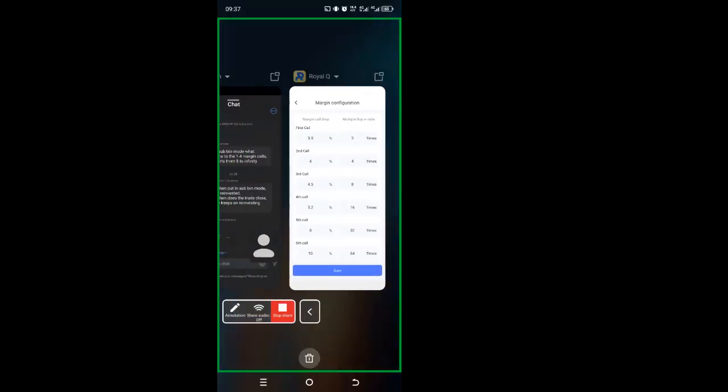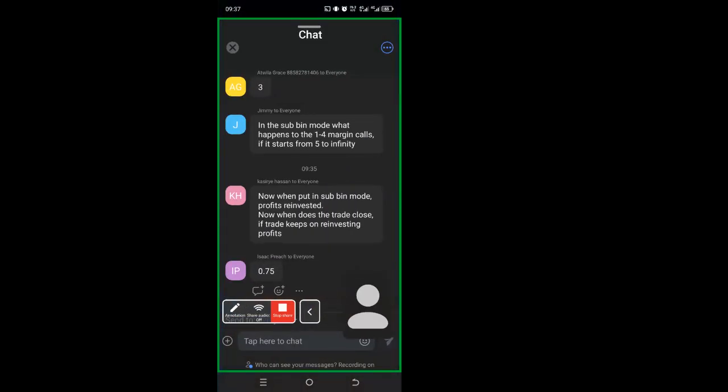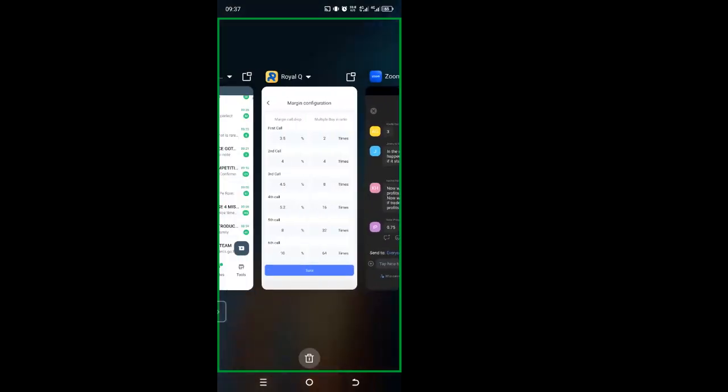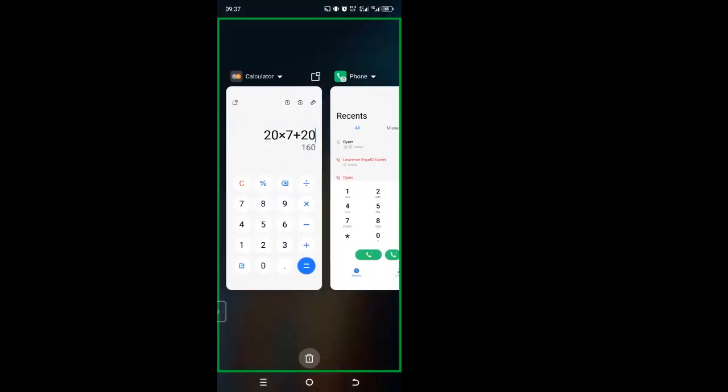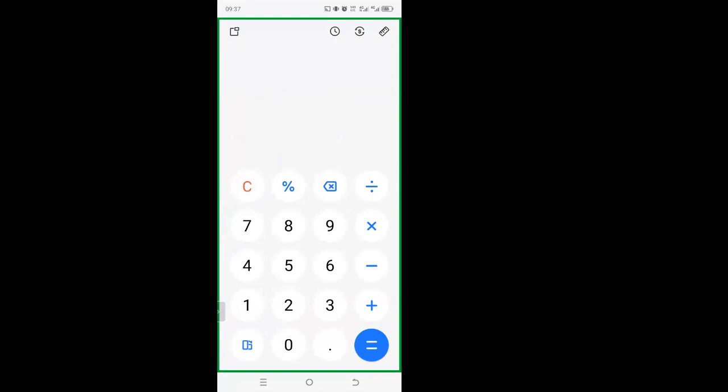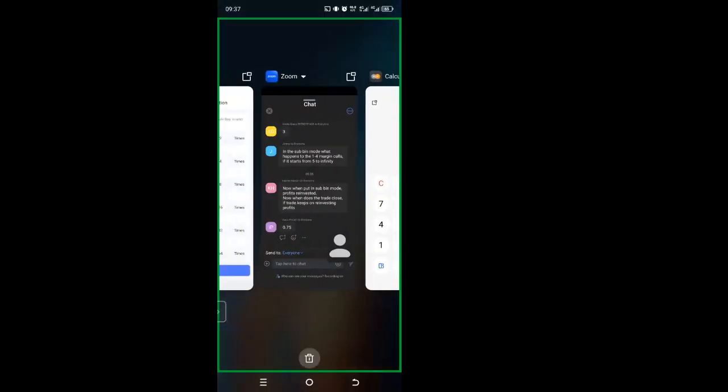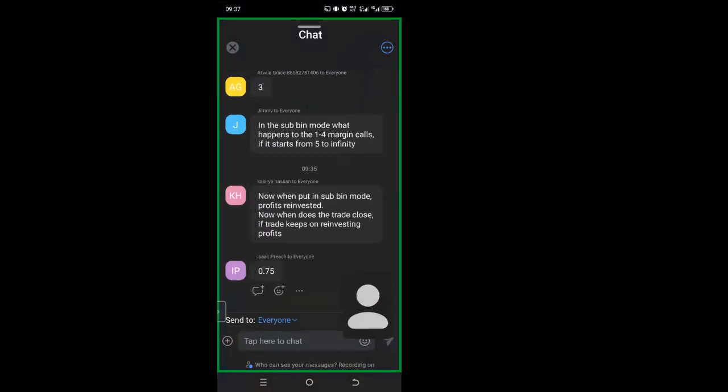What is the answer? Isaac Push says the answer is 0.75. Now let's look at this, 15 divided by 20. Yes, you're right.